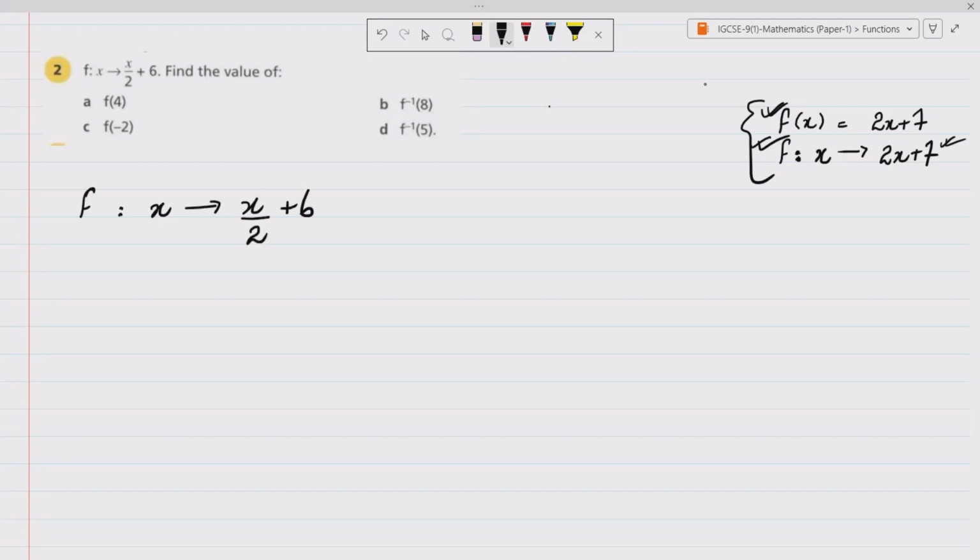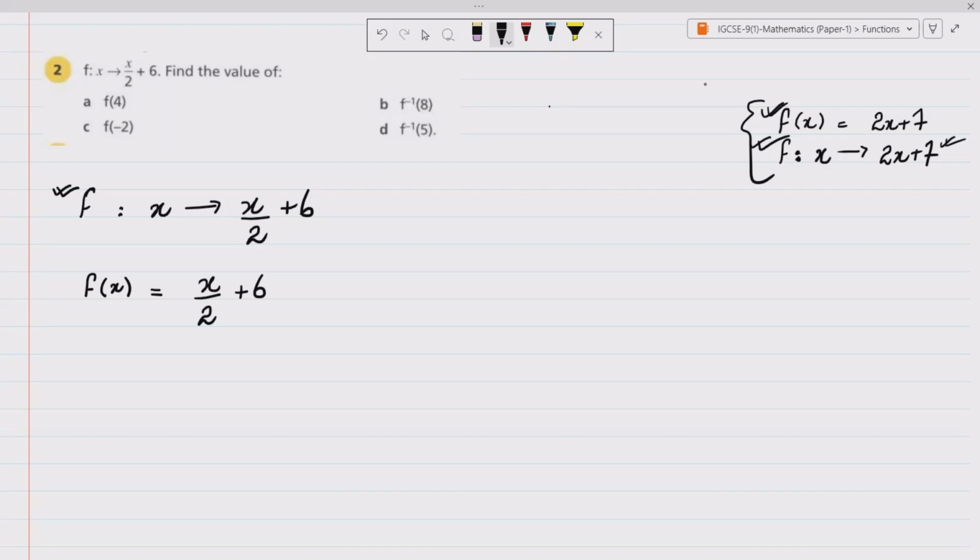Whenever you get a question in this format, your first step is to change it into the standard format, so we can write f of x equals x upon 2 plus 6, because we know both things are equal.